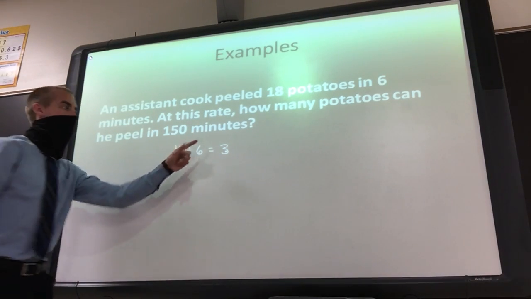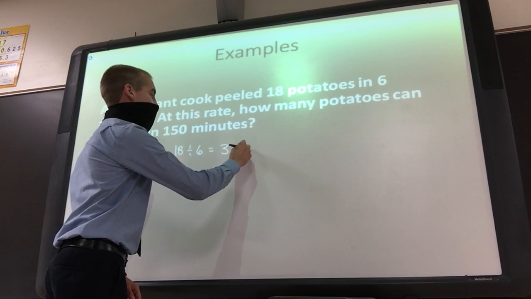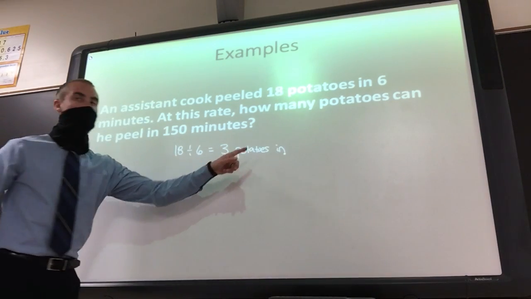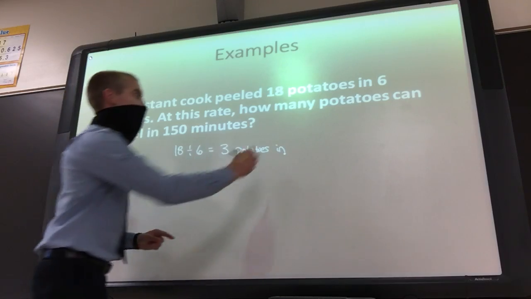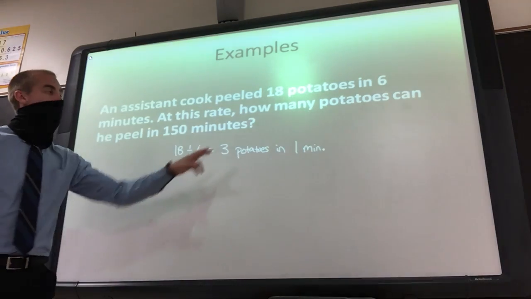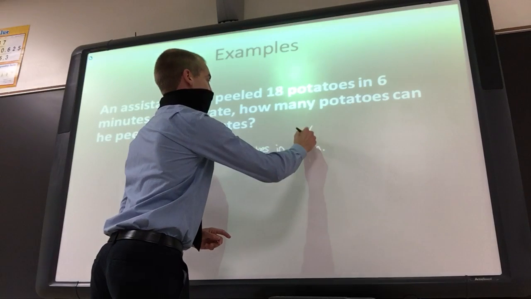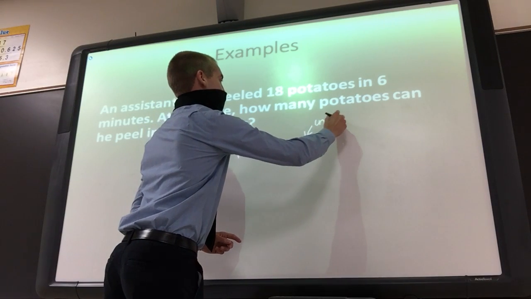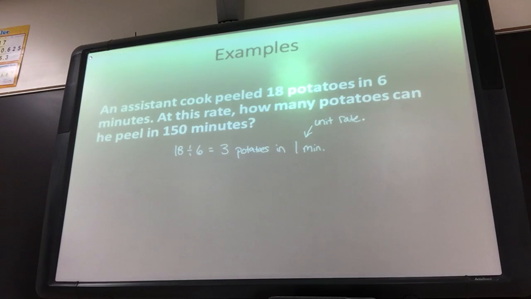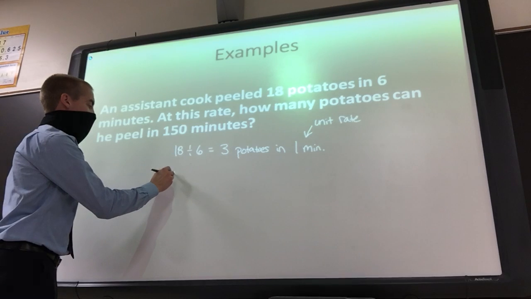Remember we said that is 3 potatoes in how many minutes? 3 in 1 minute. And 1 minute, that's a unit rate. So by doing a question like this, we're actually finding the unit rate first. Now, what can we do with that 3 potatoes to get to 150? Multiply it by 150, yes.